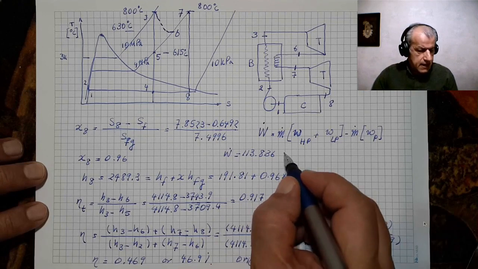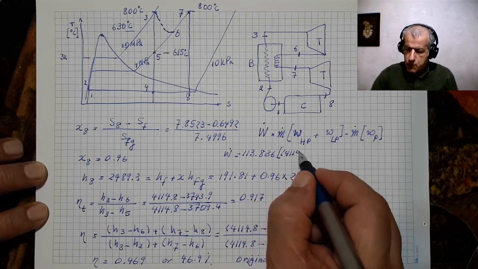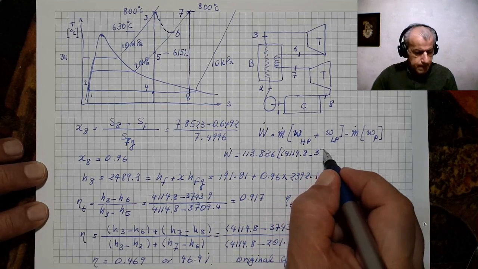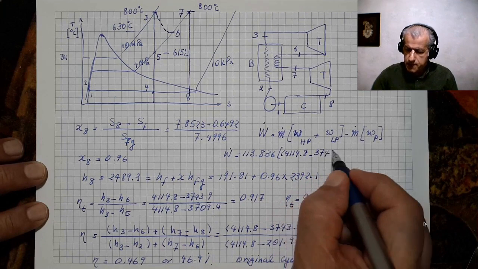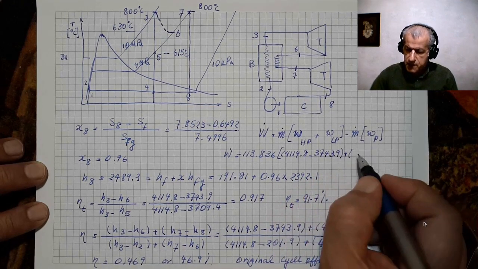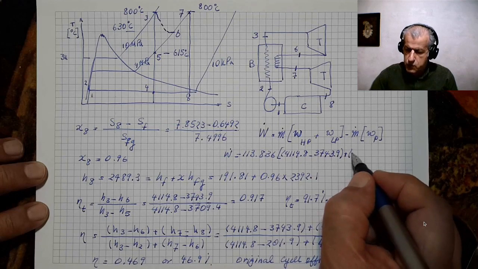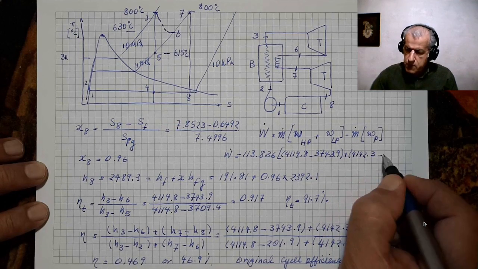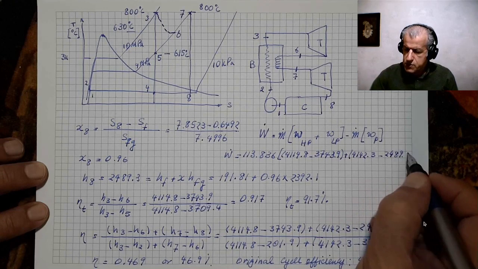It is times 4114.8 minus 3743.9 plus the work of the second turbine, 4142.3 minus 2489.3.